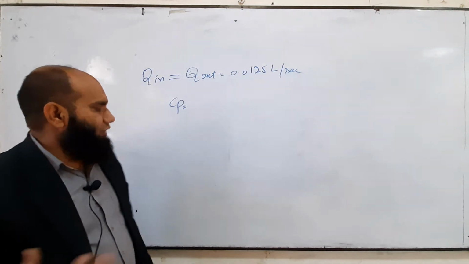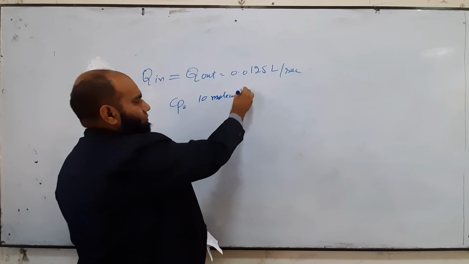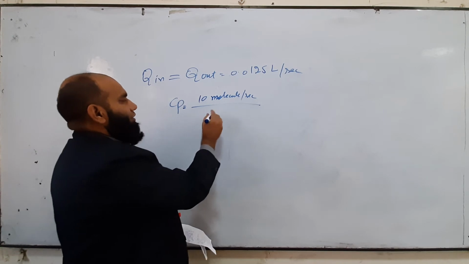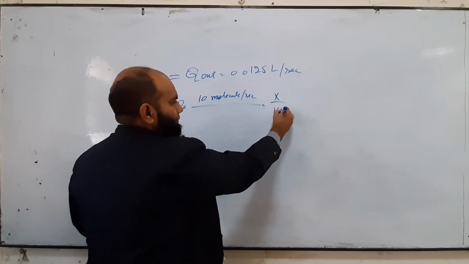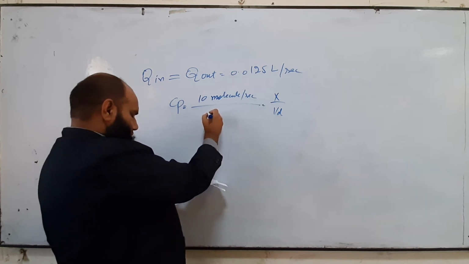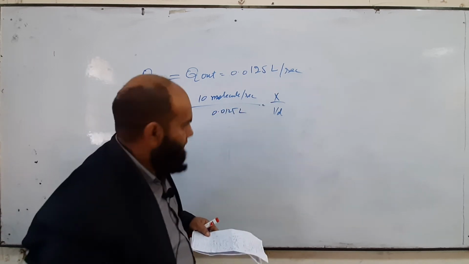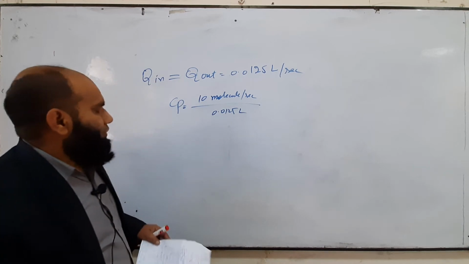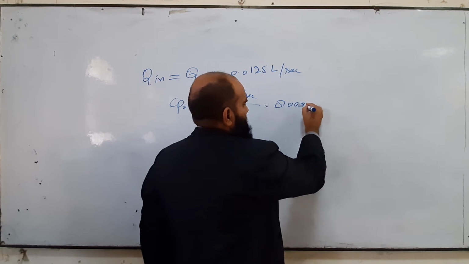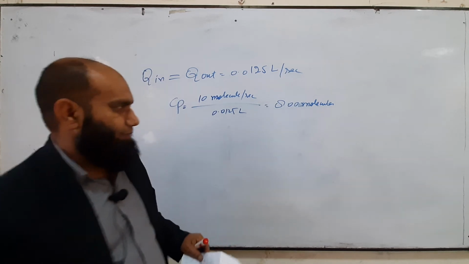We are assuming that there are 10 molecules per second approaching the liver in our previous example, and because we know the formula X over Vd, this is our X and Vd is our 0.0125 liter, and our Cp is a total of 800 molecules per liter.